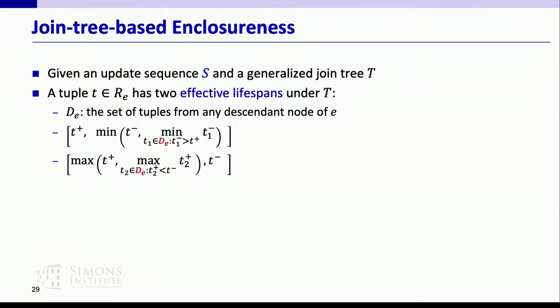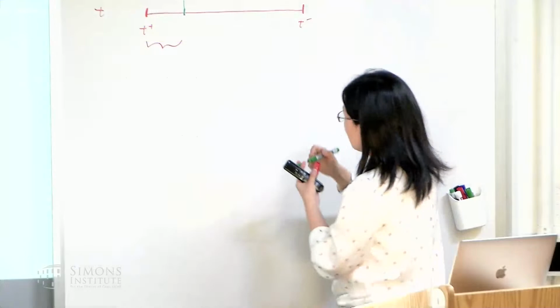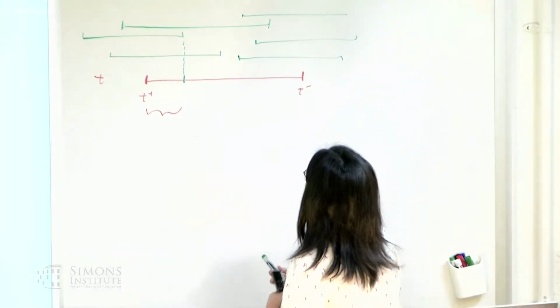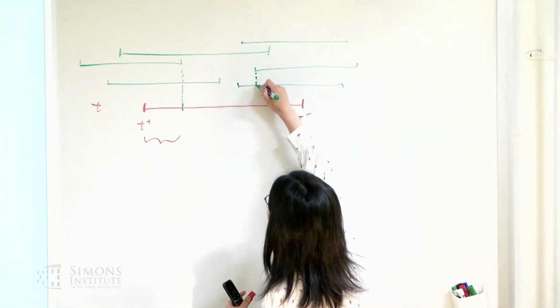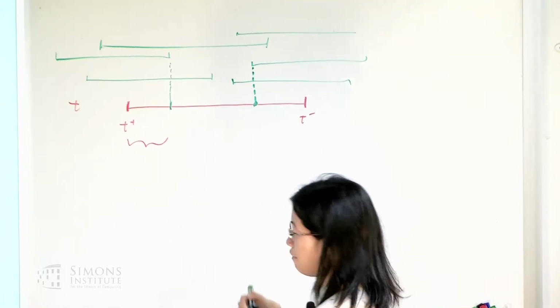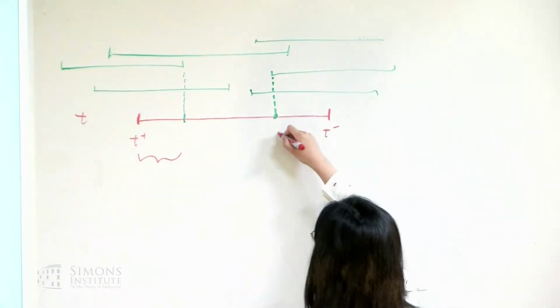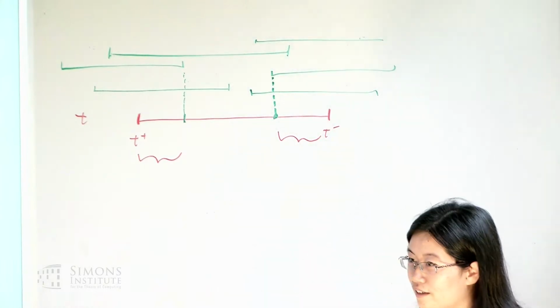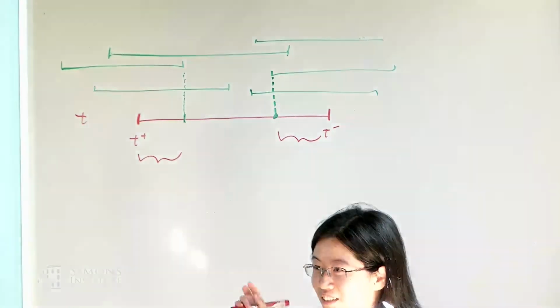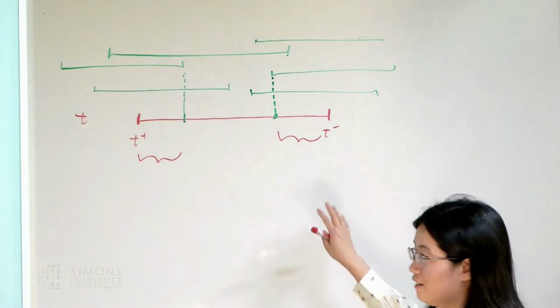So for this one, we consider this the effective lifespan of T, and when we consider this, we can see the last insertion of some tuples from the descendant node of this subtree. So in some sense, we just shrink the lifespan of the tuple.